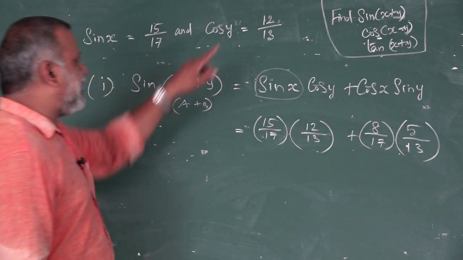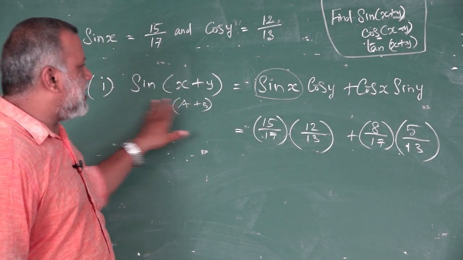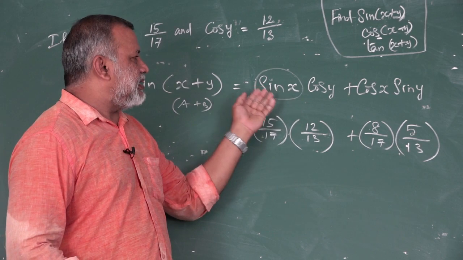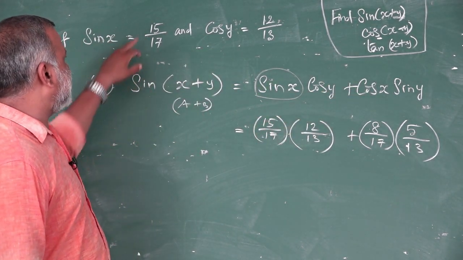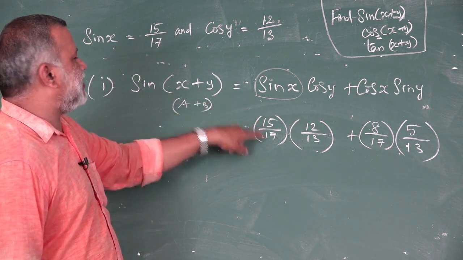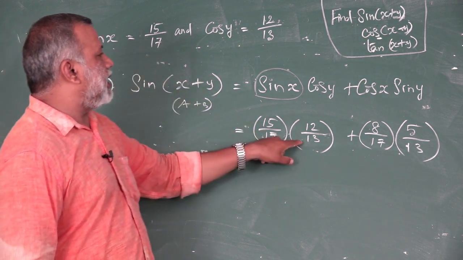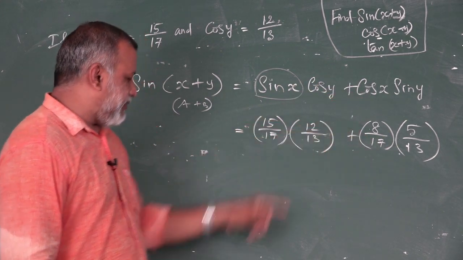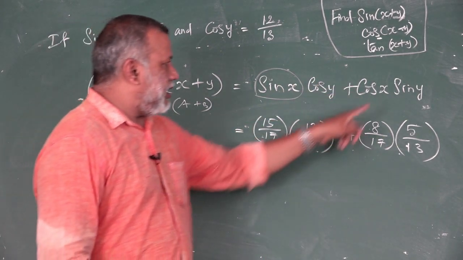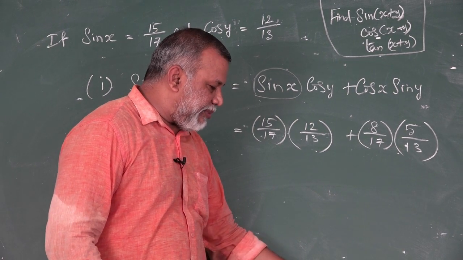So as per the given data, sin of x plus y, just expand the formula sin a cos b plus cos a sin b. Then input all the values. Sin x is replaced by 15 by 17, cos y 12 by 13, cos x we worked out 8 by 17, then sin y 5 by 13.